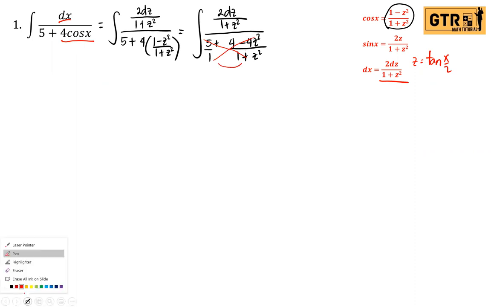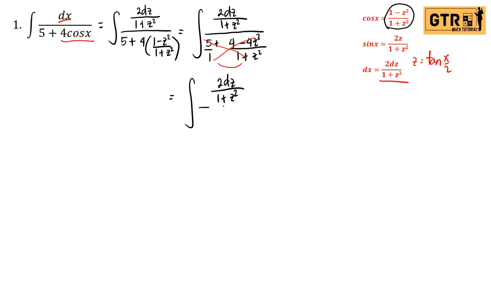Okay, so therefore we have this now equal to the integral of, just copy the numerator, 2dz over 1 plus z squared, all over, so multiply 5 to 1 and z squared. So we have 5 plus 5 times z squared, 5 plus 5z squared.